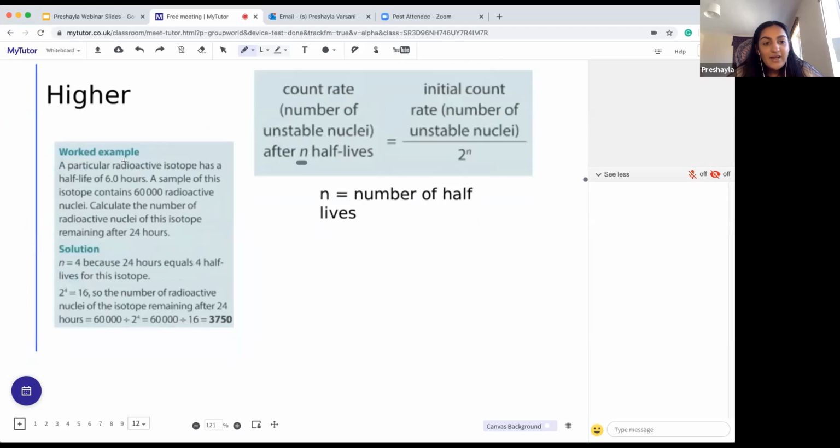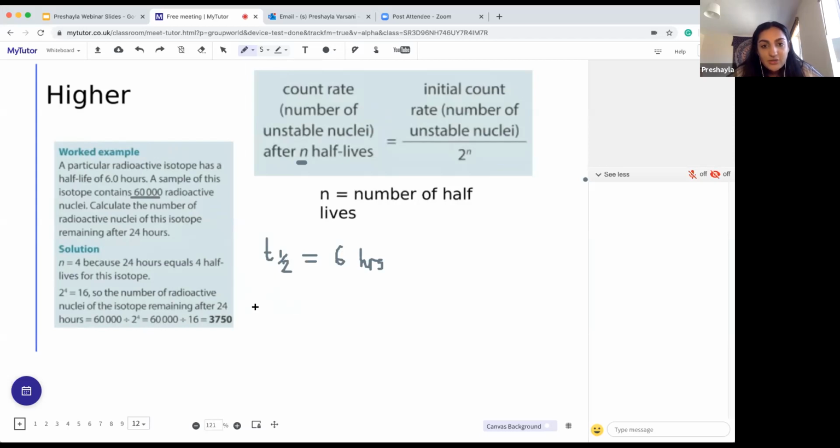A particular radioactive isotope has a half-life of 6 hours. So how we can write this down is T half, this means half-life, is 6 hours. We're going to write that down as our first bit of information that we've gained from the question. A sample of this isotope contains 60,000 nuclei.